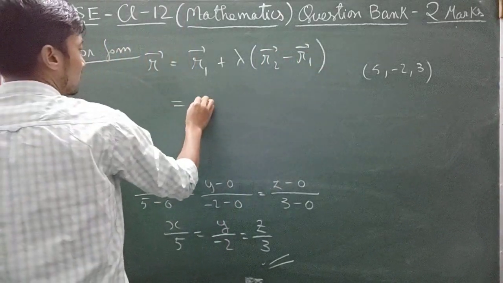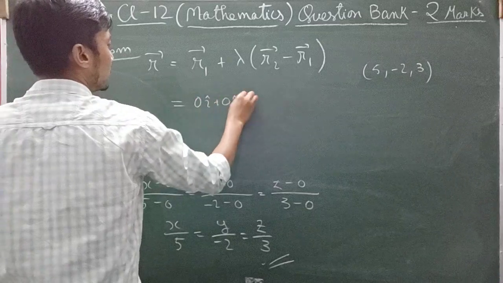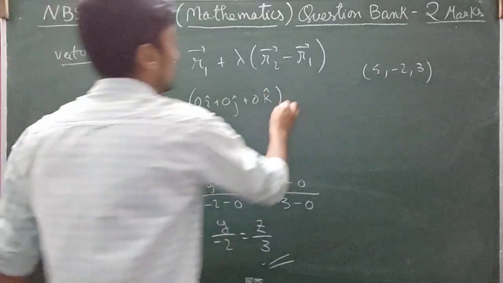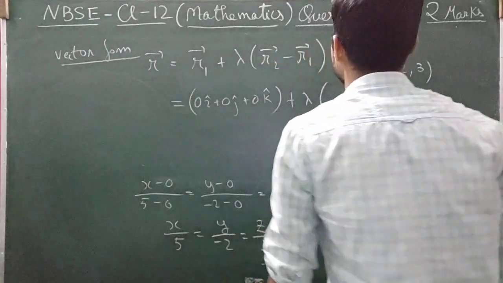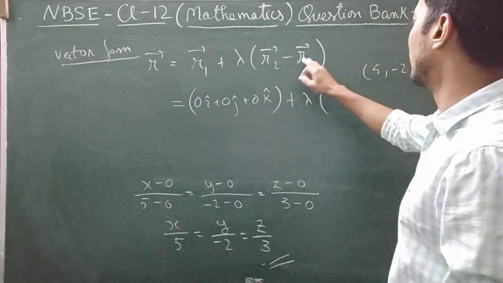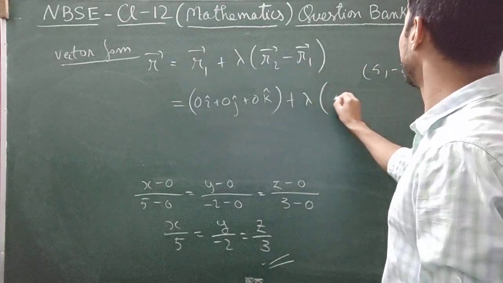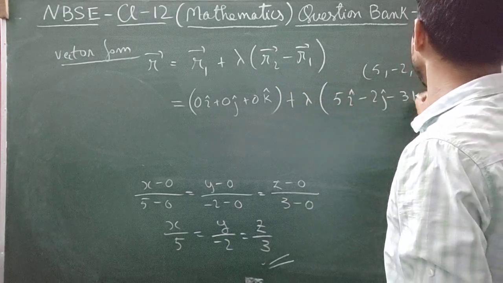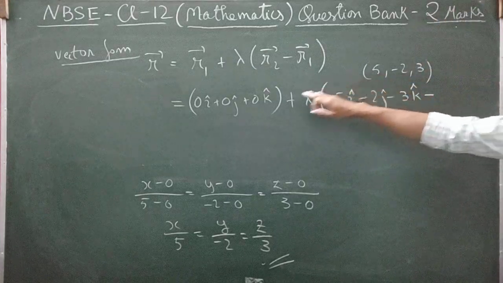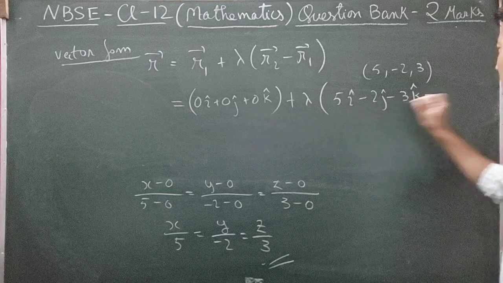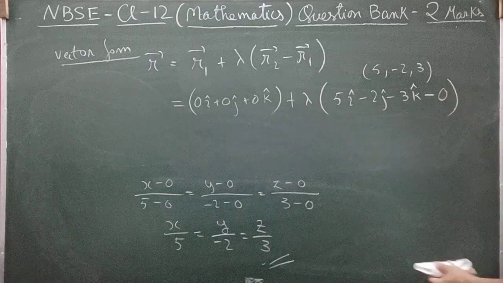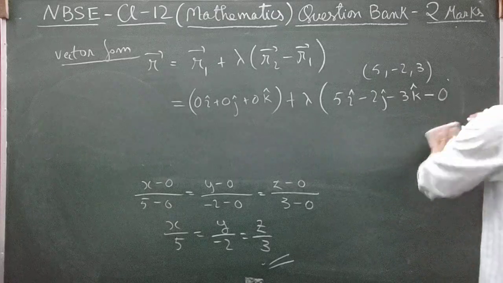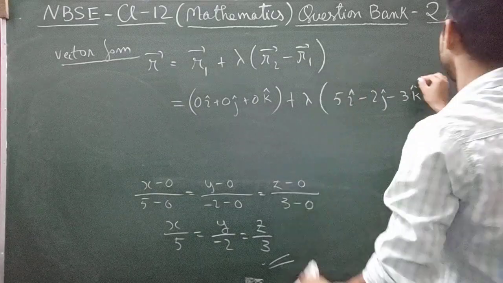So r1 vector, that is 0i, 0j, 0k. 0 vector, first point, isn't it? Plus lambda into r2 vector minus r1 vector. Now r2 vector will be, of course, 5i minus 2j plus 3k minus r1 vector, that's the origin, that's already a 0 vector, isn't it? So let's not waste time. We don't need to write also, but okay, I'll just write 0, or actually it's going to be something like this in detail if you wish to write. No, not a big deal.